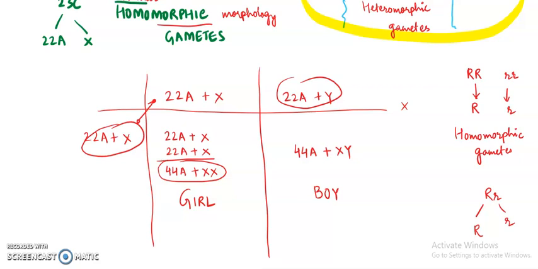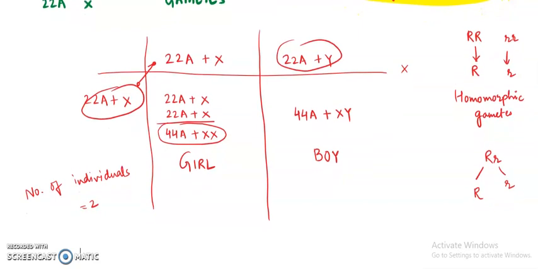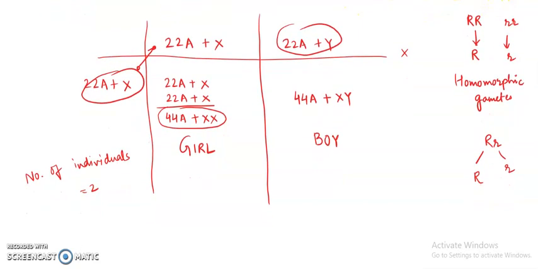Now how many individuals are being formed in this Punnett square? Number of individuals is 2. So let's calculate the probability of a girl child and a boy child. For the case of girl, 1 individual is a girl out of 2 individuals being formed.